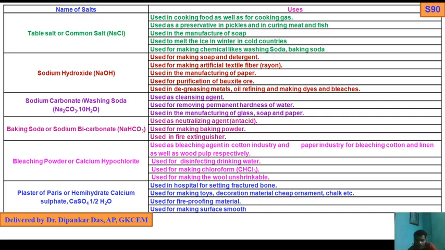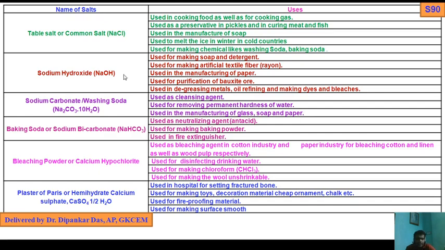Permanent hardness of water arises due to the presence of dissolved salts of sulfate, phosphate and chloride of calcium (Ca2+) and magnesium (Mg2+) ions in water. Used in the manufacture of glass, soap and paper.